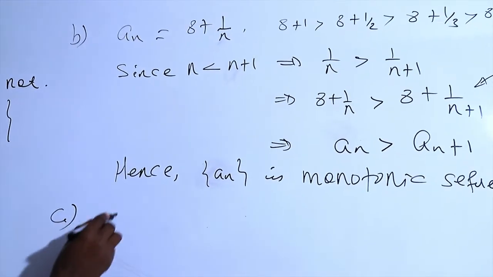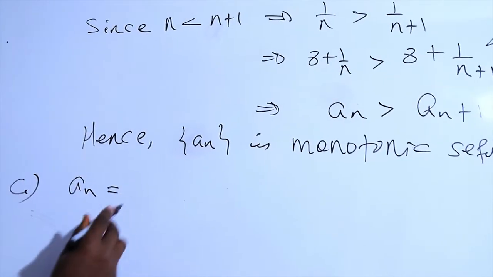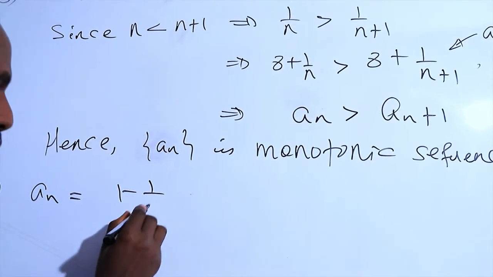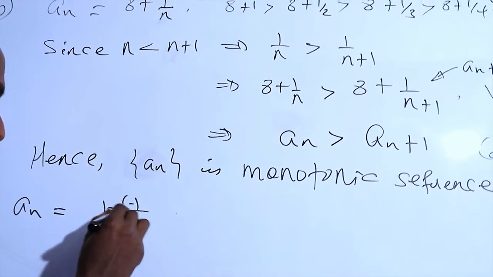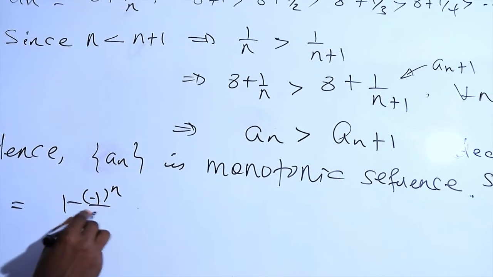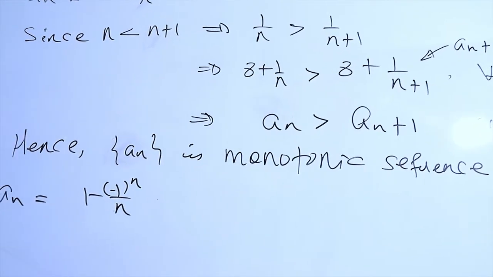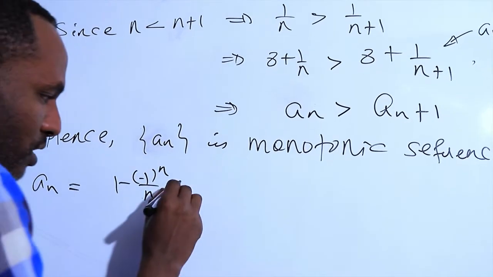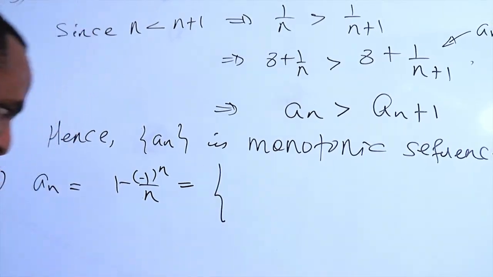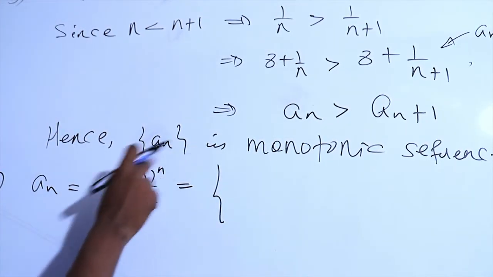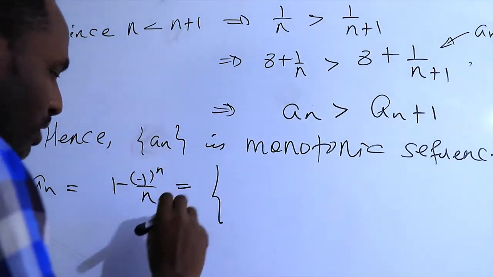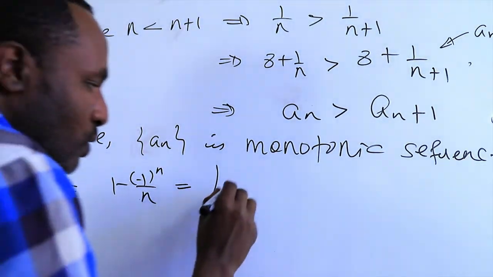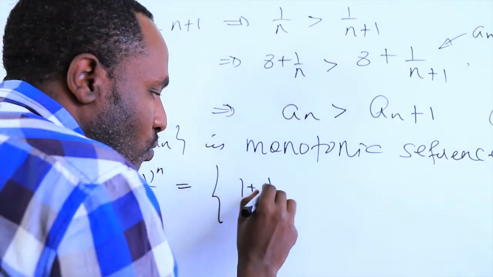The third example says, part C, for example, the sequence a_n is given by 1 minus negative 1 to the power of n over n. As you know from before, this sequence is in a piecewise form. If n is an odd natural number, the value equals 1 plus 1 over n.